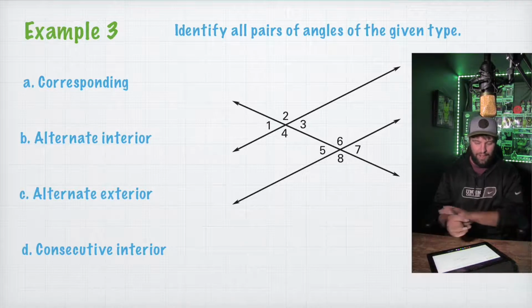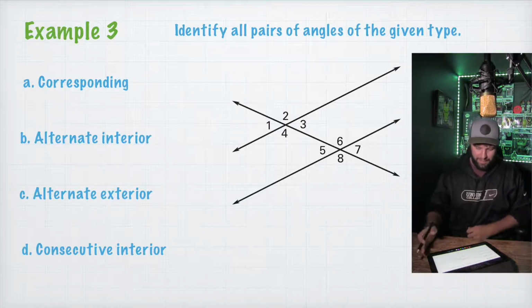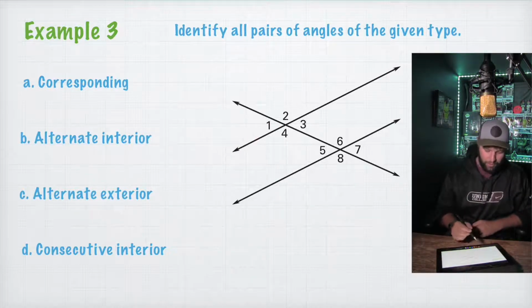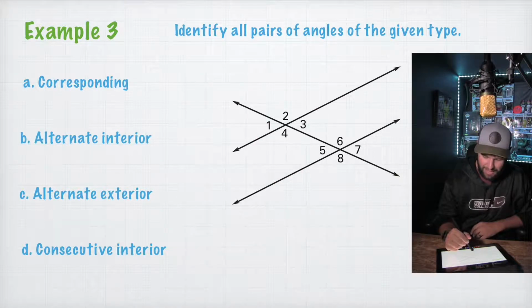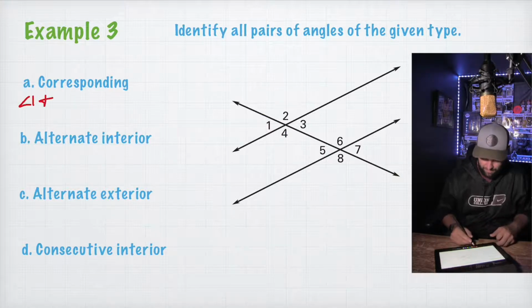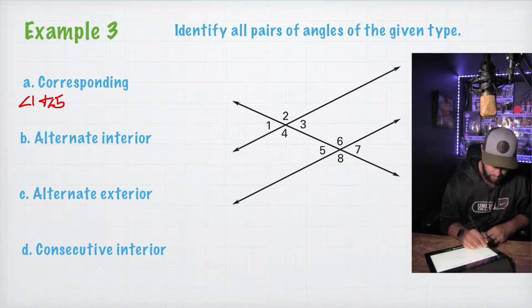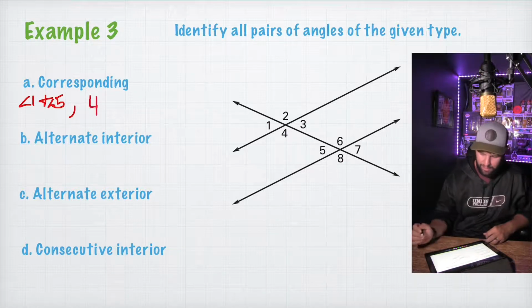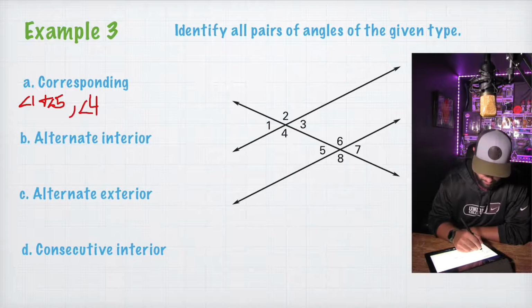They want us to write all the corresponding angles. And remember, corresponding angles lie on the same side of each of the lines that is cut by the transversal. So for example, angle 1 and angle 5. Also angle 4 and angle 8.